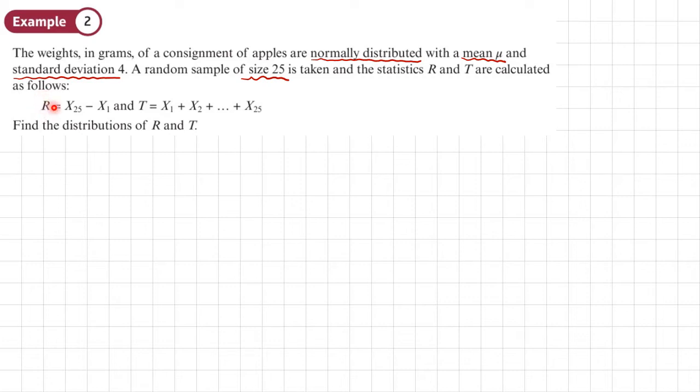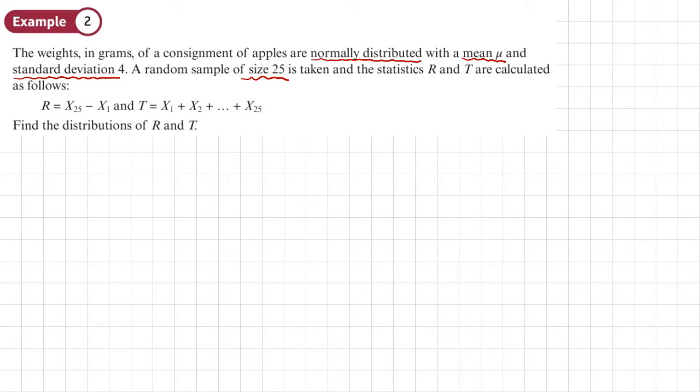So R is going to be the difference between the weights of two apples, basically the last and the first apple from our sample of 25, and T is going to be the weight of all 25 of those apples. And we need to find the distributions of R and T.